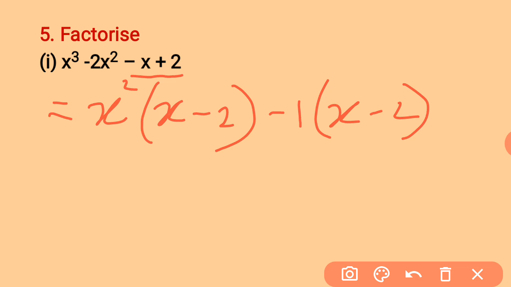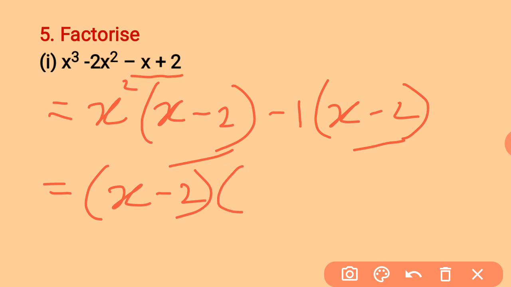Now children, you will see that this x minus 2 and this x minus 2, it is common. So what you will do is you will take my x minus 2 in one of the brackets, and the second bracket will have this x square and this minus 1. Further, you can solve this part.